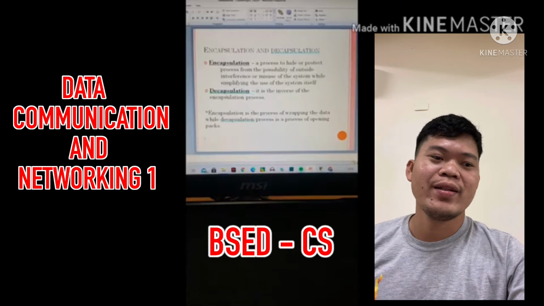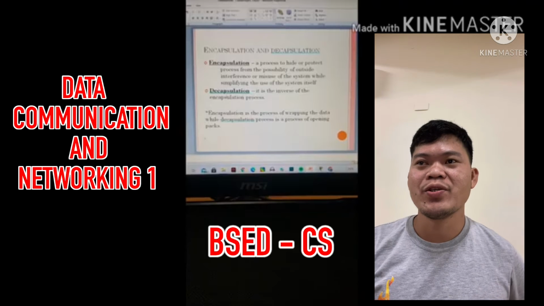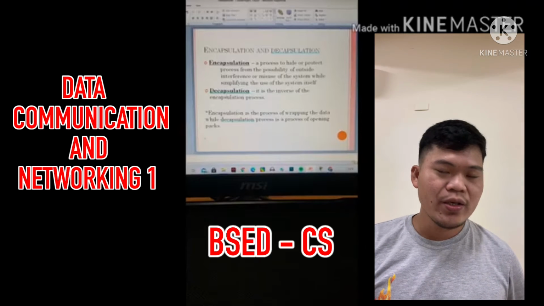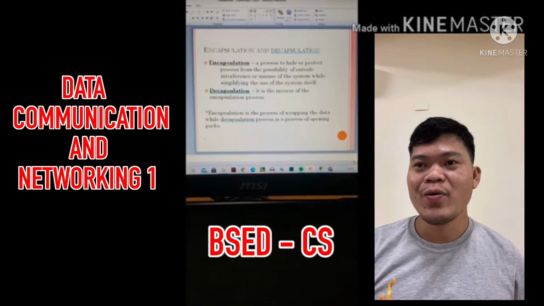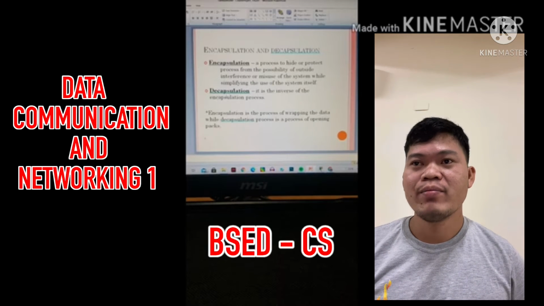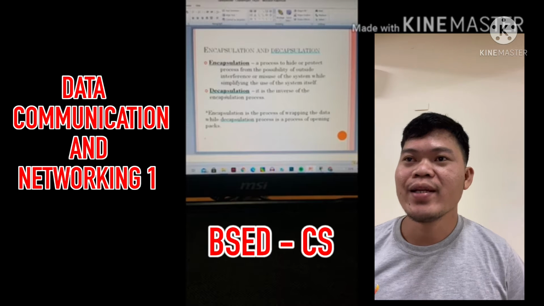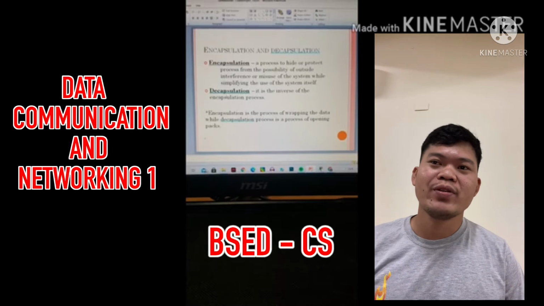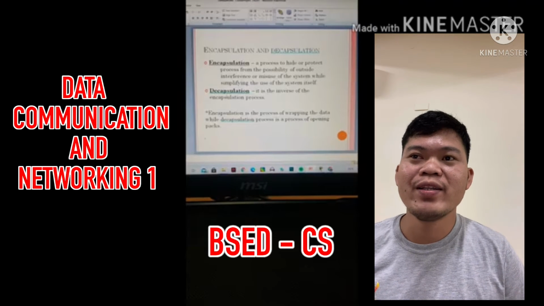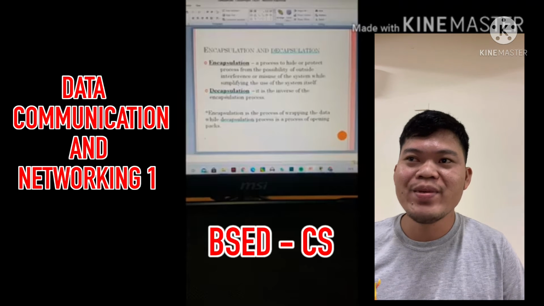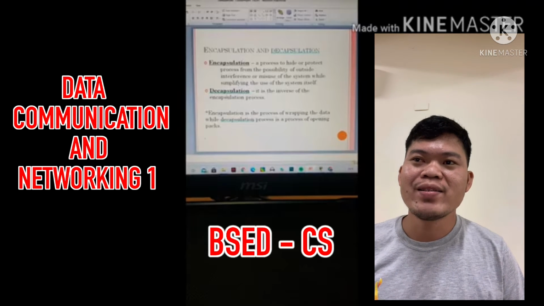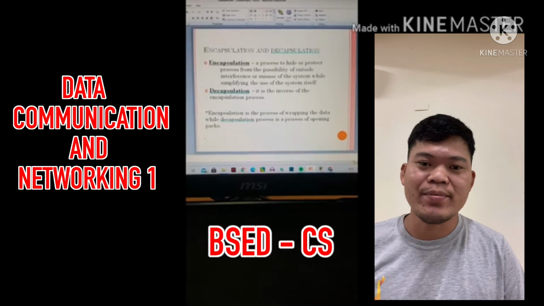Next, we have encapsulation and decapsulation. Let's talk about the difference between encapsulation and decapsulation. Encapsulation is a process to hide or protect a process from the possibility of outside interference or misuse of the system while simplifying the use of the system itself.